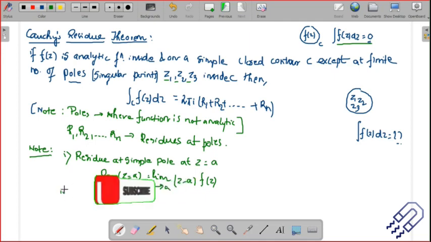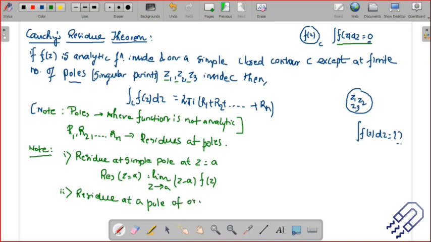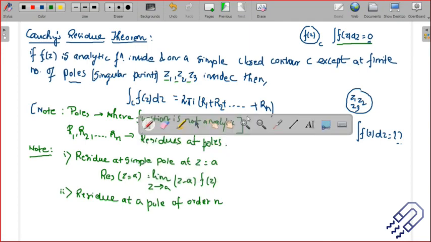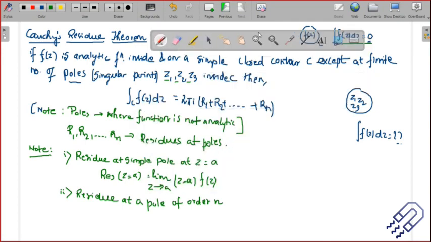There can be one more case, where the pole is not simple and has some order. So I can write the residue at a pole of order, let's say n. There also we can find the residue at z equal to a.